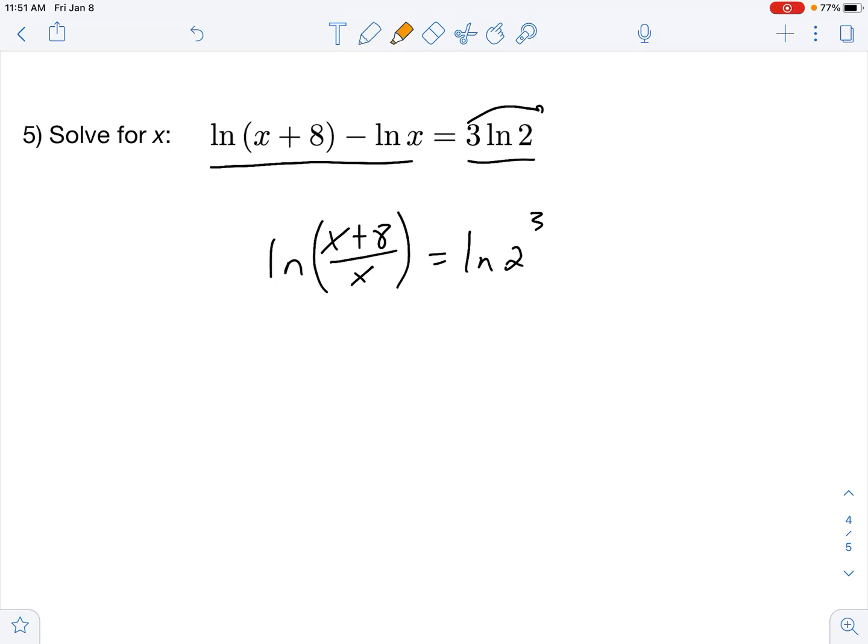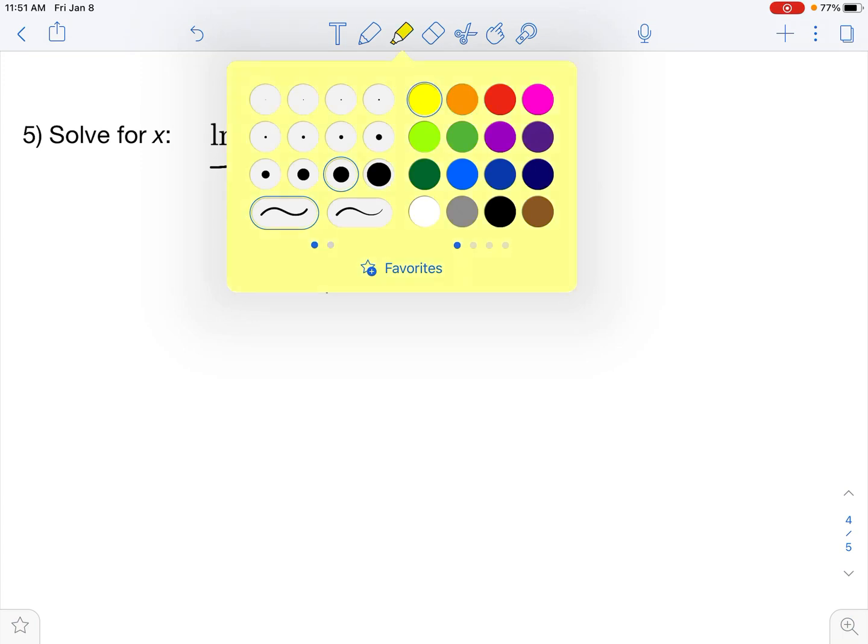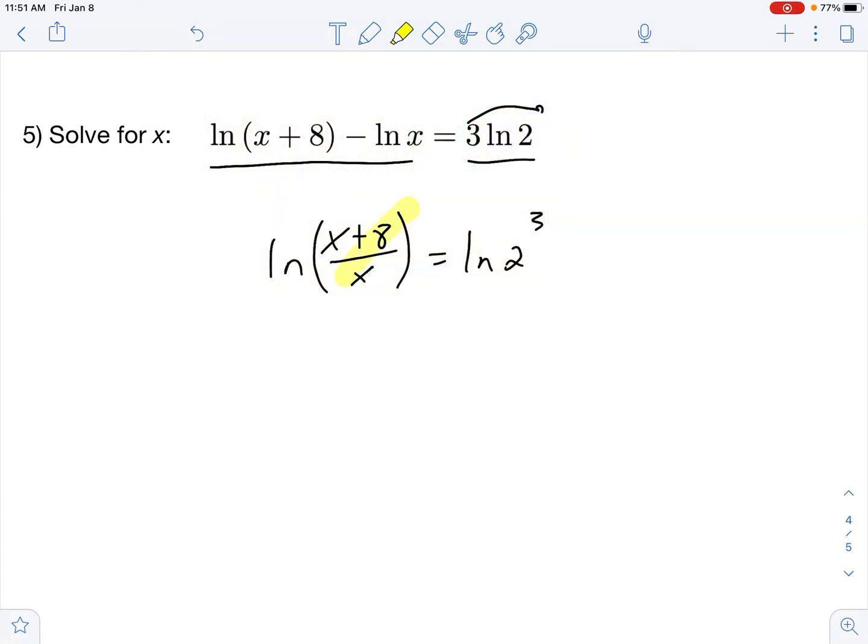So going back to properties in the first section, the introduction, if I have ln of this and ln of this, I know that they have to be equal. So I can say x plus 8 over x is equal to 8, because again, 2 to the third is 8. That is my equation that I'm going to solve. So solving this, I can just go ahead and multiply that up there by x.